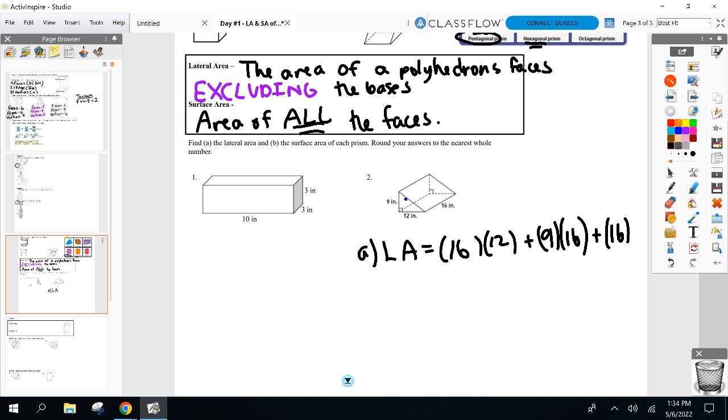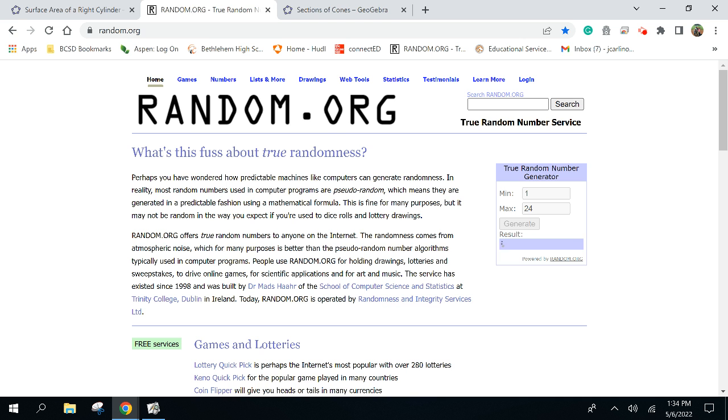Oh, that's 16 by, we're in trouble. Not labeled. 16 by, I need to know that. It's May 6th. If at this point in the year we don't know we need to use this, since I think we've used it literally every unit, how am I going to find that missing dimension? Come on.